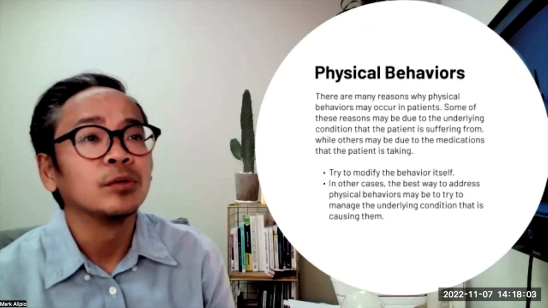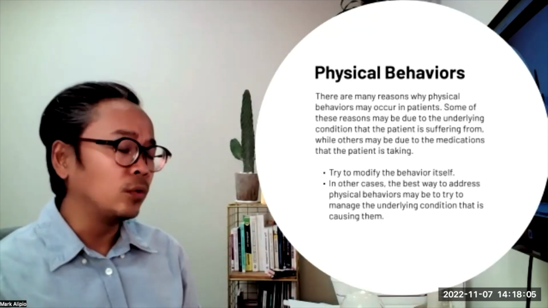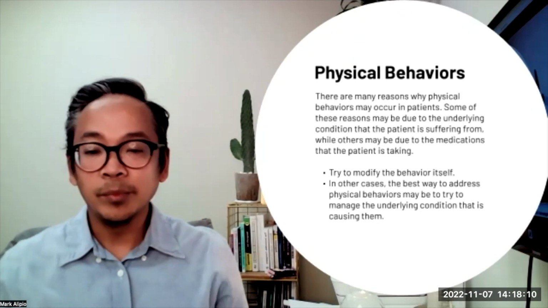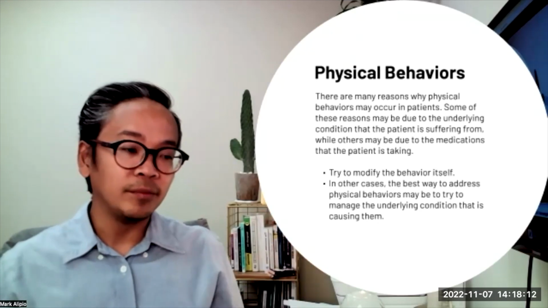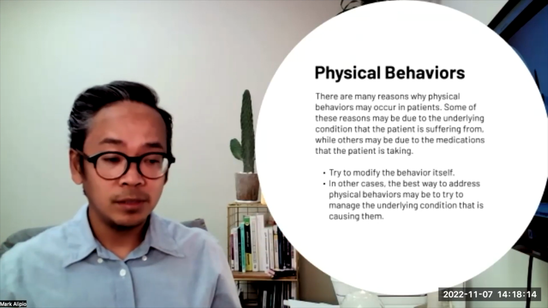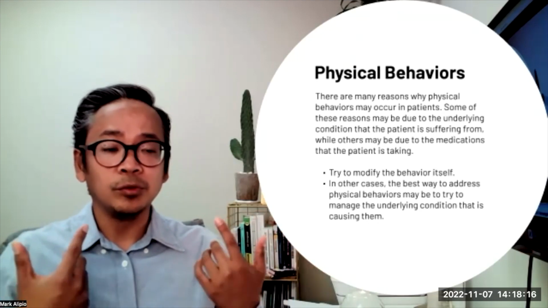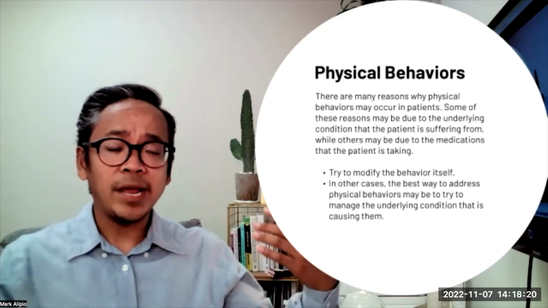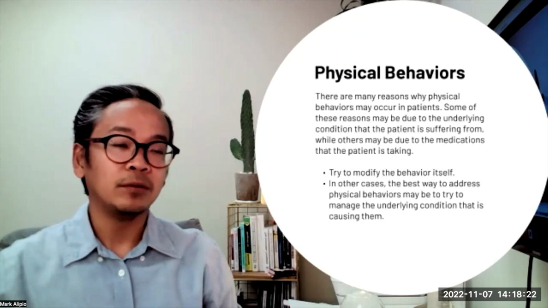Okay, so our goal there as caregivers is that we're not miracle workers. We can't prevent them from having behaviors. Our goal is to control our own reactions, so that we don't add to the behavior, right?